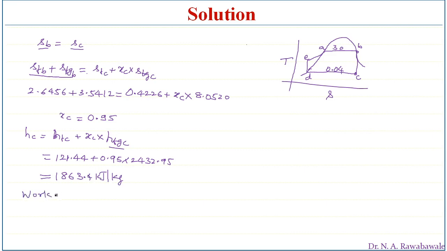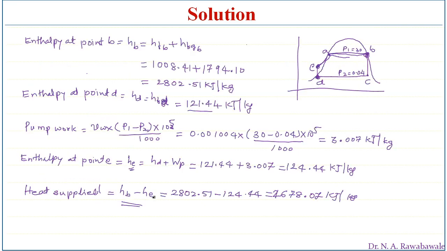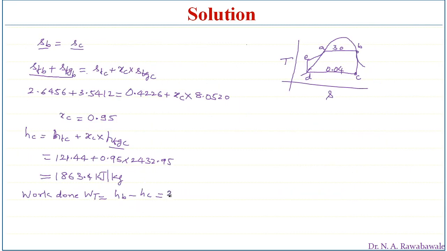Once we know HC, we can find out turbine work. Work done by turbine, WT, is equal to HB minus HC. HB value we have already calculated. Enthalpy at point B is 2802.51 minus HC, which is 1863.4.